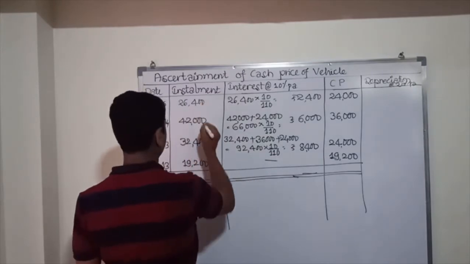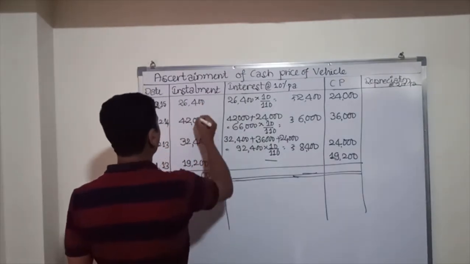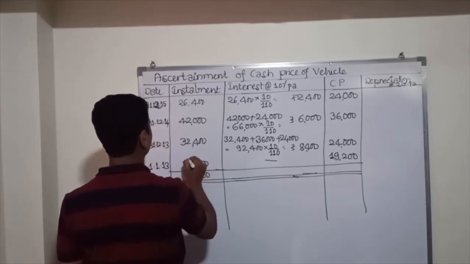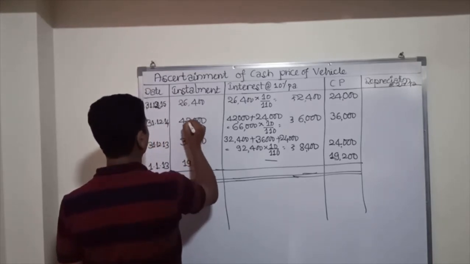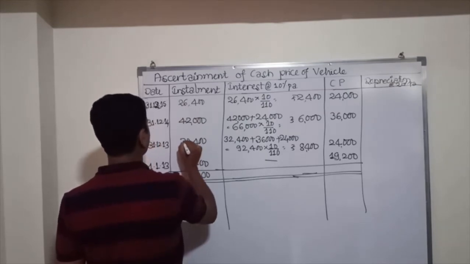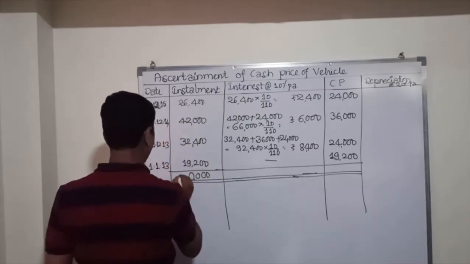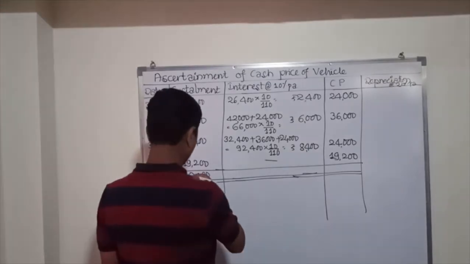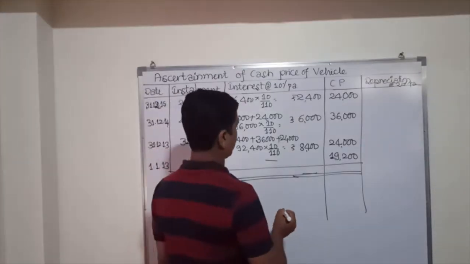Totaling the installment column, we get 1,20,000, which is given in the problem as hire purchase price.